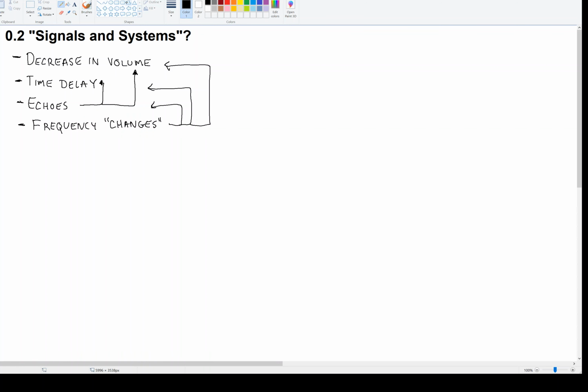All right, in this situation, we would say that the singer's voice is a signal. And the room, the auditorium, drawn here as this black box, is the system.